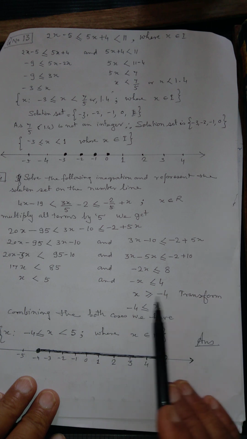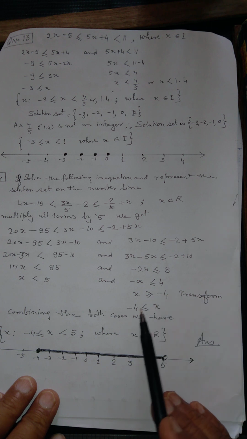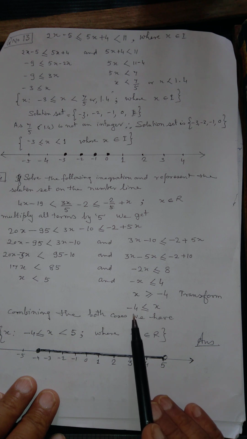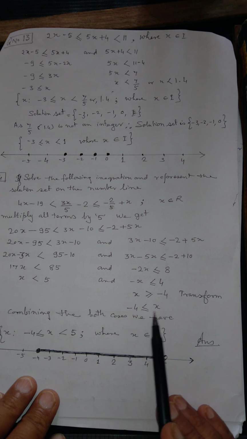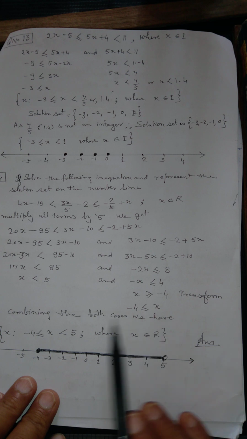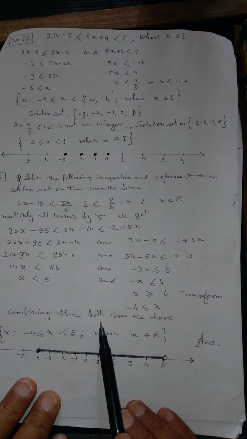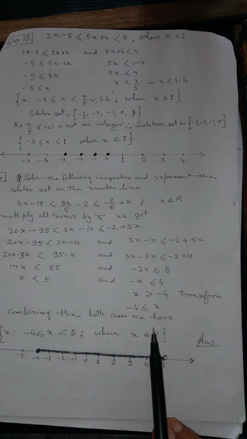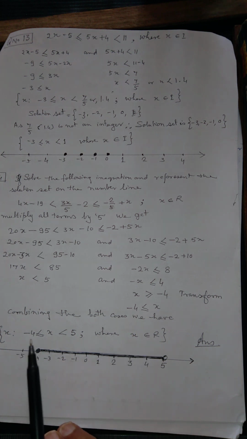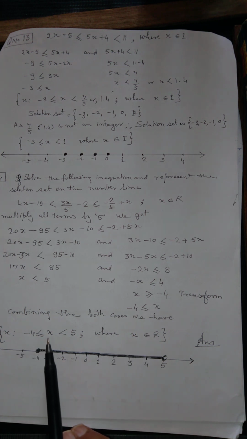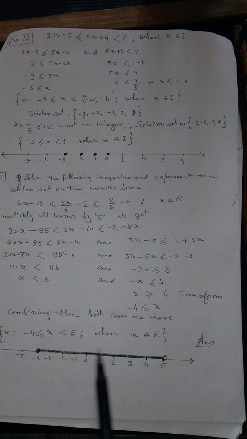Now transform this inequation. So we will get minus 4 less than or equal to x. Combining both cases' results, we will get minus 4 less than or equal to x and x is less than 5, where x belongs to real number. And on the number line graph, it can be represented like this.